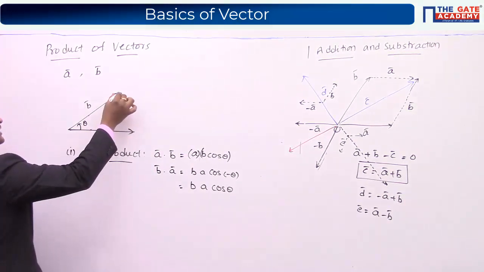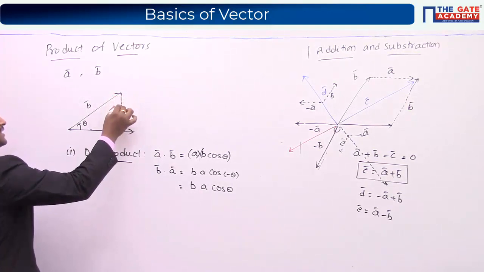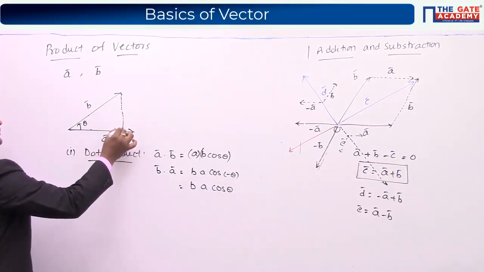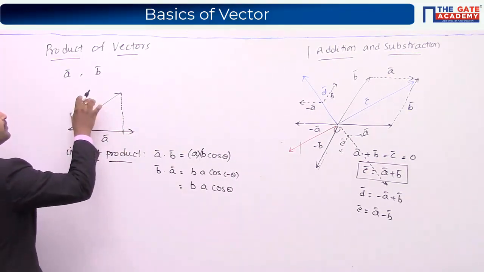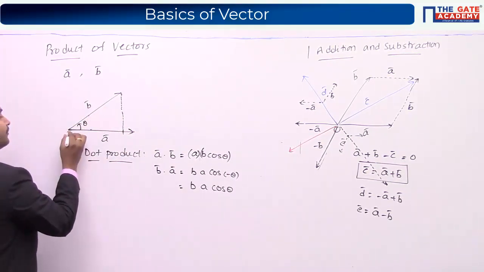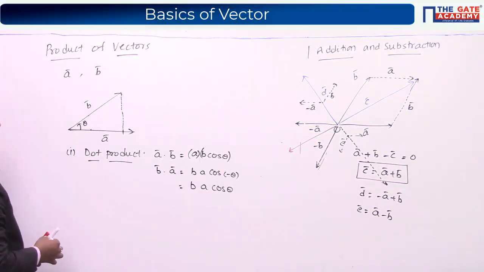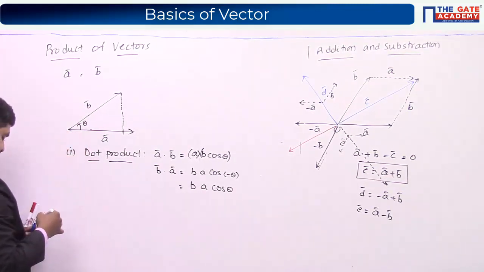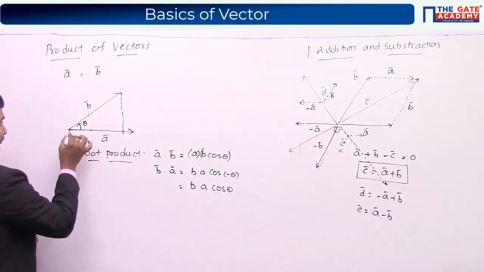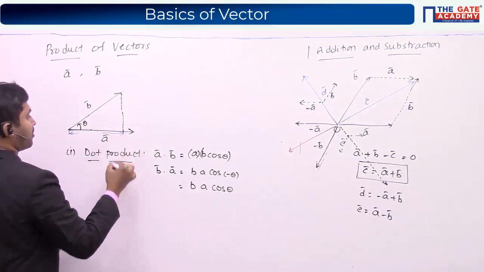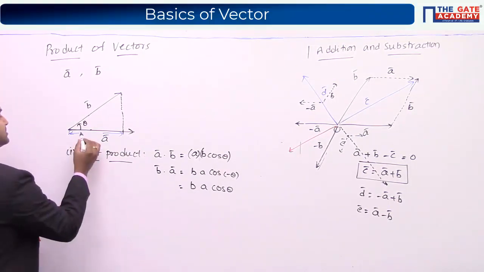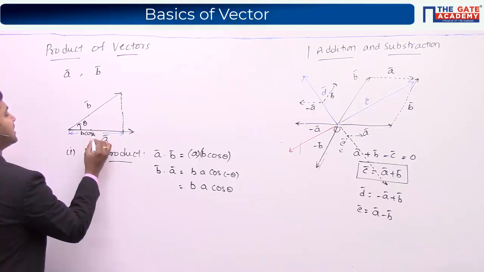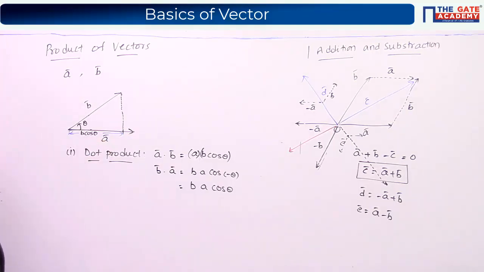If you are projecting B onto A, what is the component of B in the direction of A? This is what we are calling B cos theta.